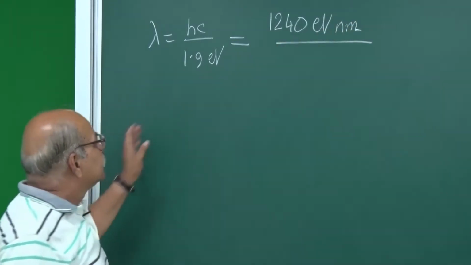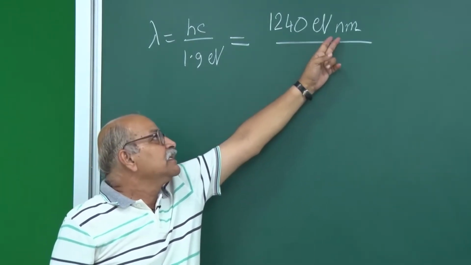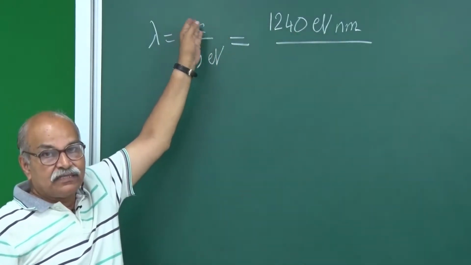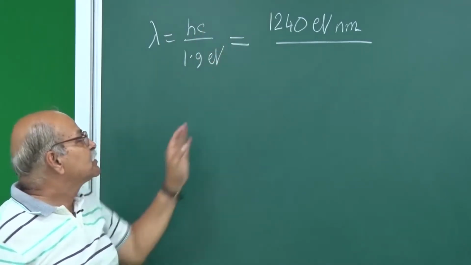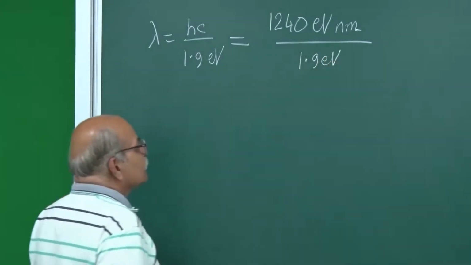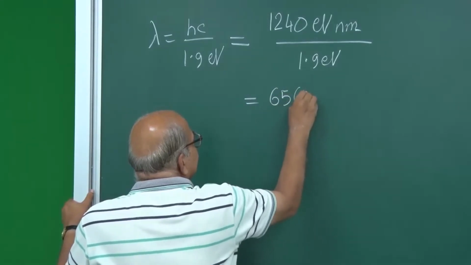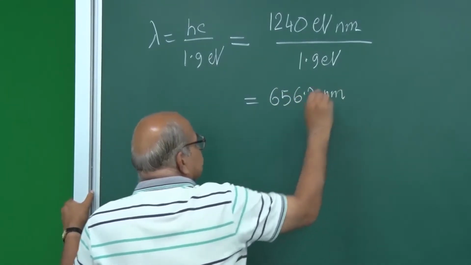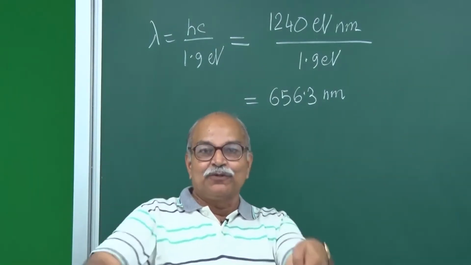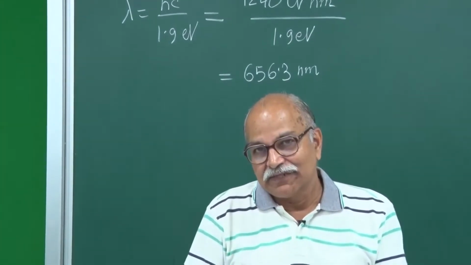What is that? eV is for energy, electron volt, you know that, we have used it. nm is nanometers. So in the unit eV nanometer, Planck's constant times the speed of light is almost this much, divided by 1.9 eV. And that turns out to be close to 656.3 nanometers, which is the measured value of one of those 4 wavelengths emitted by hydrogen atoms.